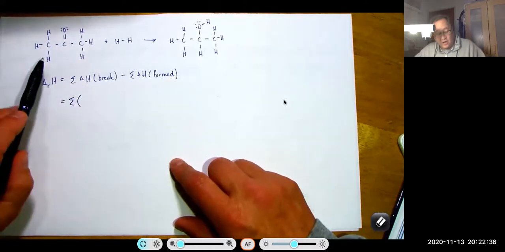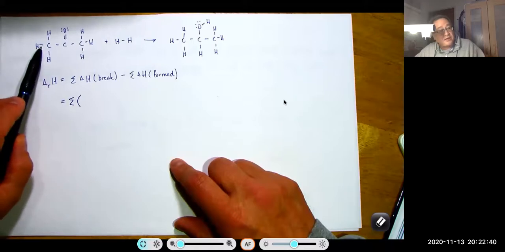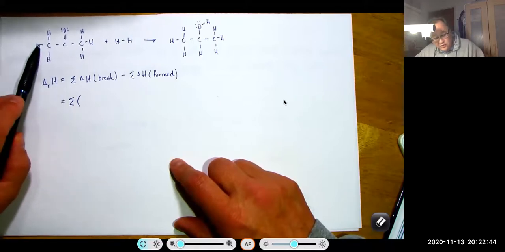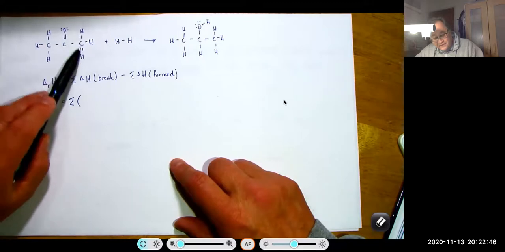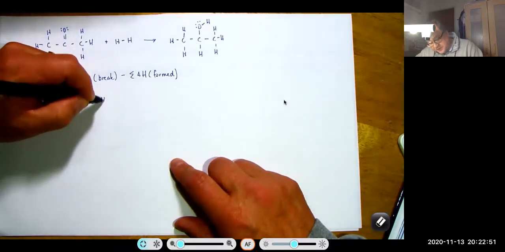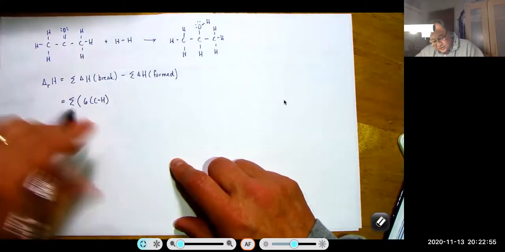We're going to break a carbon-hydrogen bond here, a carbon-hydrogen bond here, a carbon-hydrogen bond here. In fact, we're going to break 1, 2, 3, 4, 5, 6. So we're going to break 6 carbon-hydrogen bonds. And we need a change in enthalpy for that.